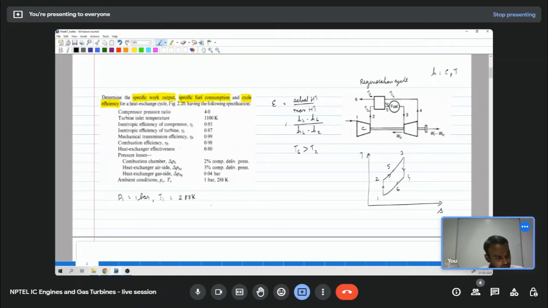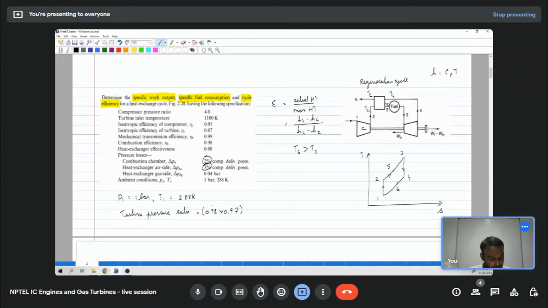Actually, the pressure ratio for the turbine is not 4, because there is a 2% and 3% drop in efficiency. So the turbine pressure ratio would be 0.98 into 0.97, neglecting the loss, so only the remaining will come through.